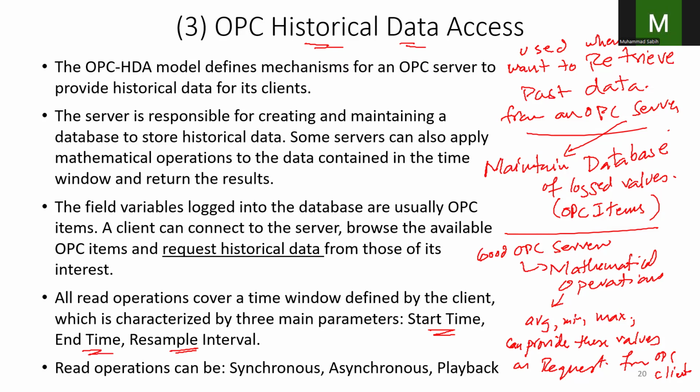So this read operation or data access can be either synchronous or asynchronous, or even a playback, depending upon how the client wants to consume the historical data. Okay. So I will end here, because the next topic we will talk about is the OPC unified architecture. Thank you very much.